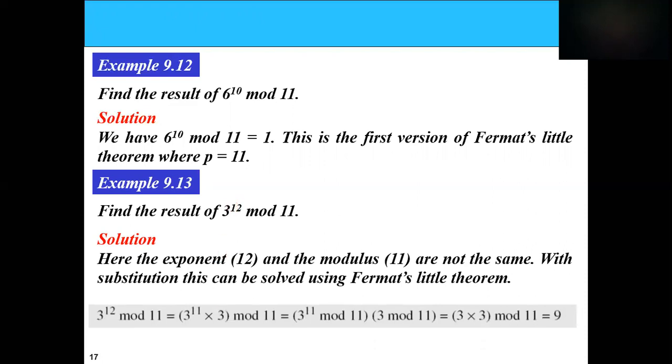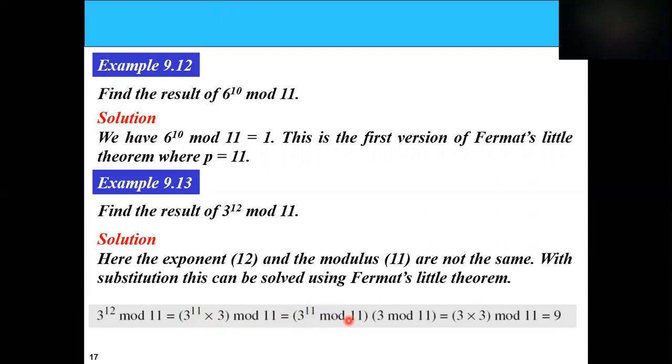I have to break 3 to the power 12 into 3 to the power 11 into 3. So 3 to the power 11 mod 11: we have used the second version of Fermat's little theorem.